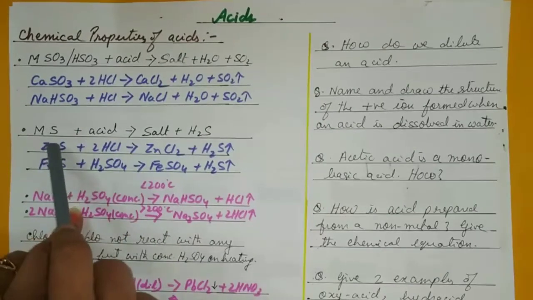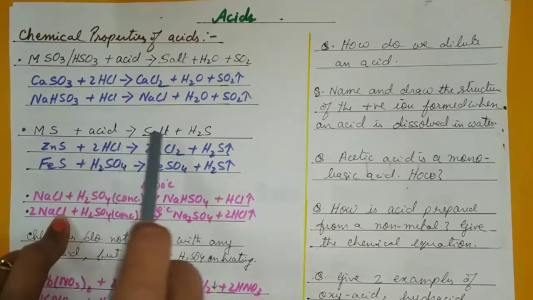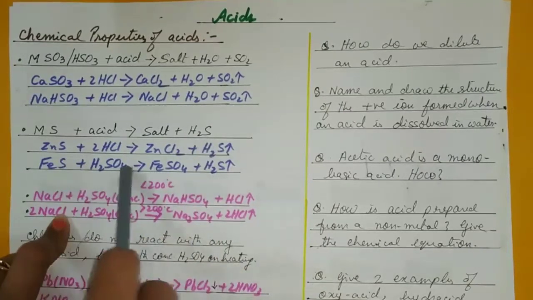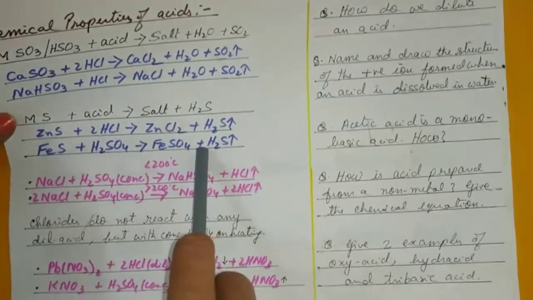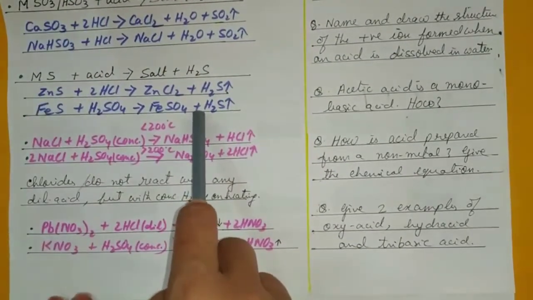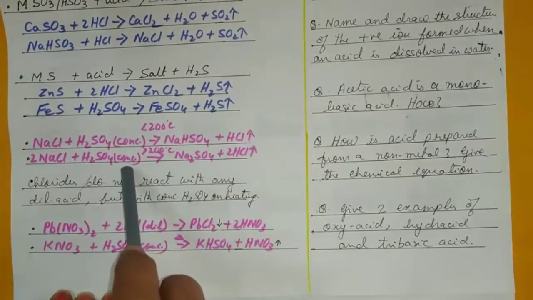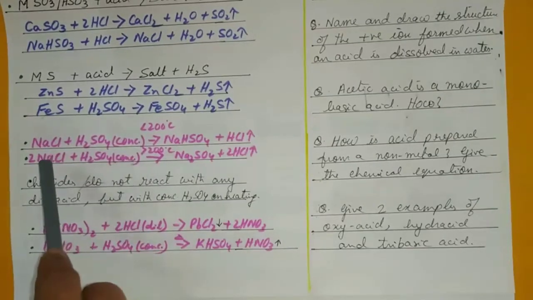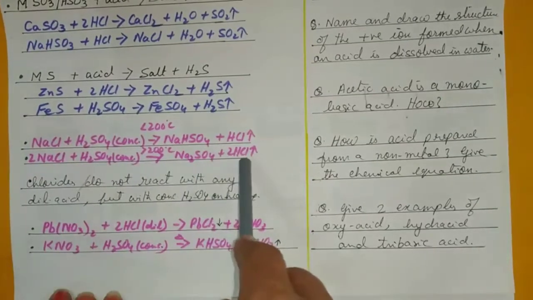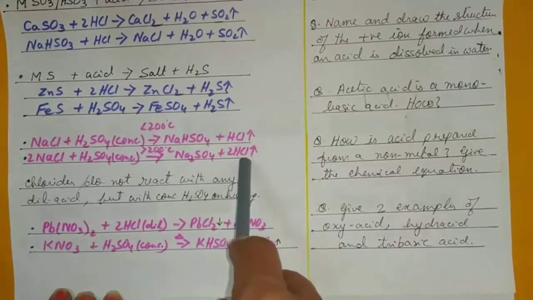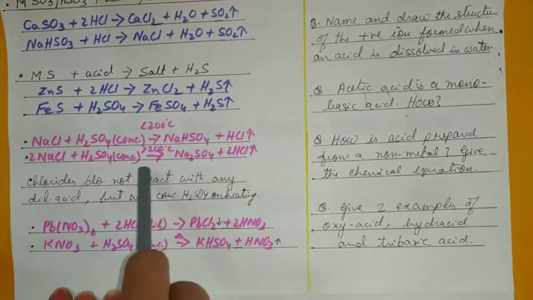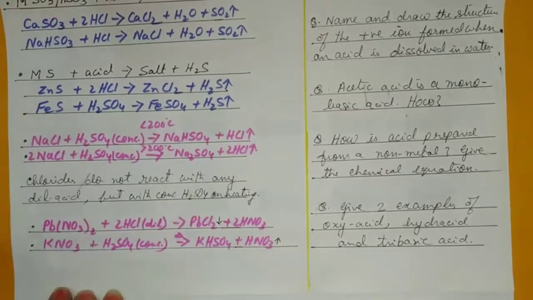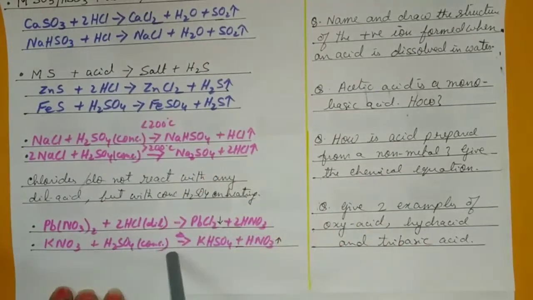Coming to the metallic sulfide, with acid it will give you salt and H2S gas. The reactions are very common. We now come to certain types of reaction with conc. H2SO4, which we have done with sodium chloride for the preparation of HCl gas, and with two different temperatures, less than 200 and greater than 200, because chlorides do not react with any dilute acid.